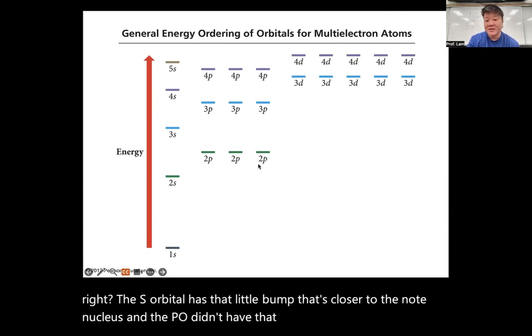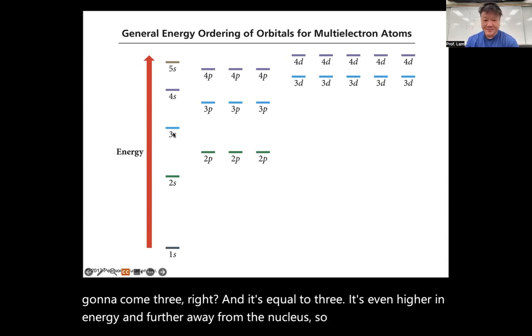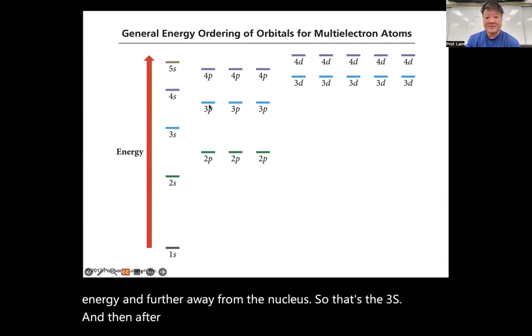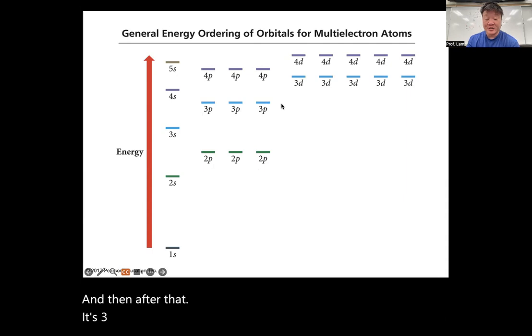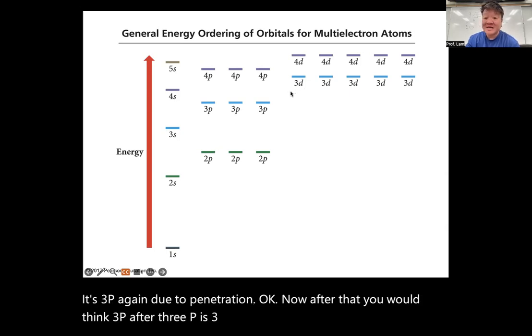So after 2p, of course, it's going to come 3, right? N is equal to 3. It's even higher in energy and further away from the nucleus. So that's the 3s. And then after that, it's 3p, again, due to penetration, okay? Now, after 3p, you would think 3d, since n is equal to 3 is less than n is equal to 4.